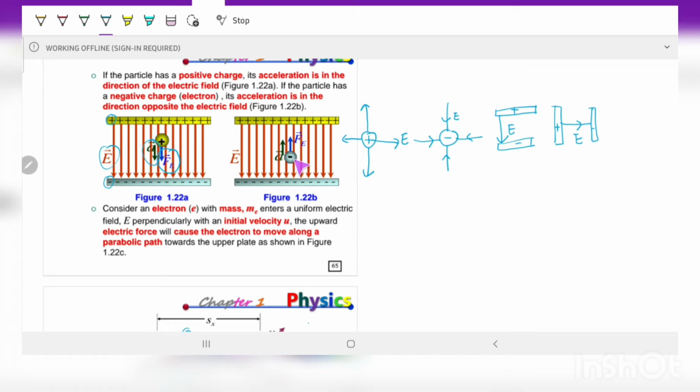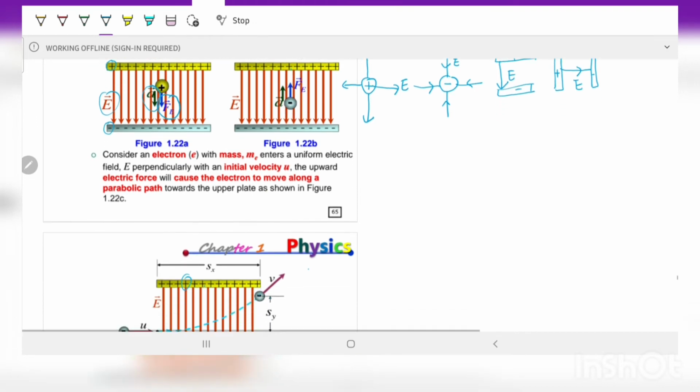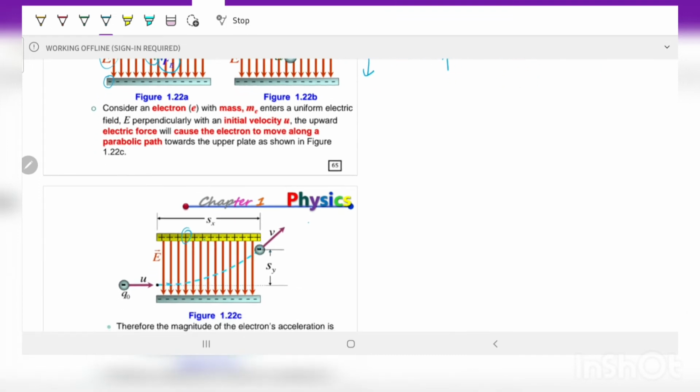Dan kalau negative charge, E electric field masih ke bawah, sebab plate ni tak bertukar pun, atas positive plate, bawah negative plate. So kalau negative charge in the uniform electric field di sini, so electric force ke atas, sebab dia negatif, dia tertarik ke positive plate, so dia punya acceleration also ke atas.